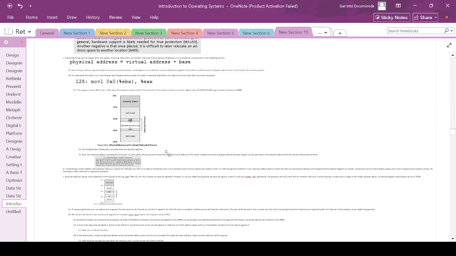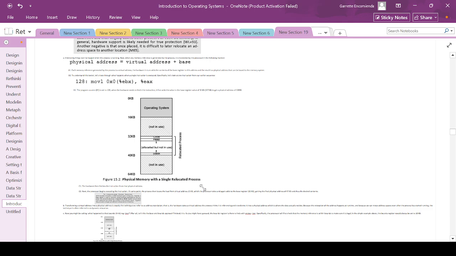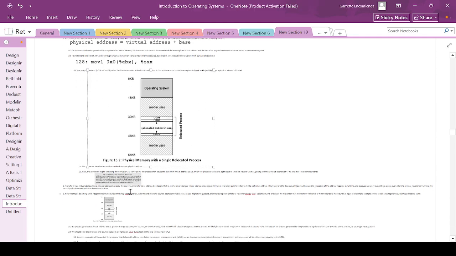So here's what it looks like to get a physical address of 32896. Since the program code starts at 128, and the code in the actual physical memory starts at 32 kilobytes, we just add 32768, which is the actual byte number, plus 128. This 128 is measured in bytes.